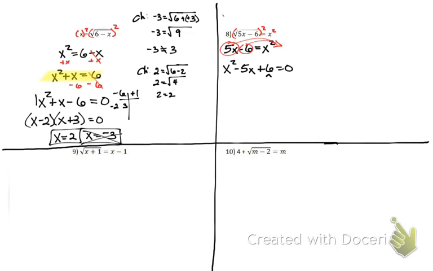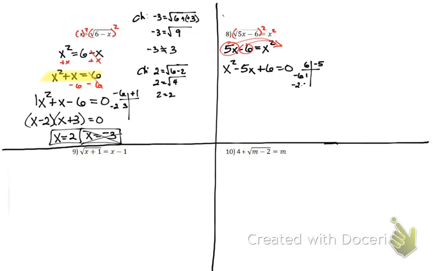Factors of 6 that give me -5 would be -6 and +1. And again, since it's a 1x squared, I can use my shortcut and say, wait, nope, that's not right. -6 and +1 is not going to work because it's a +6. So let's go back and think about another one.